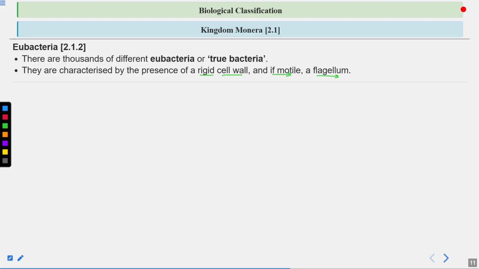So here the cell wall consists of peptidoglycan. And they also have a flagellum, which helps them to move. So they help in the motility of the eubacteria. Clear? The peptidoglycan, which is a component of the cell wall of the eubacteria, is a complex carbohydrate. Clear?